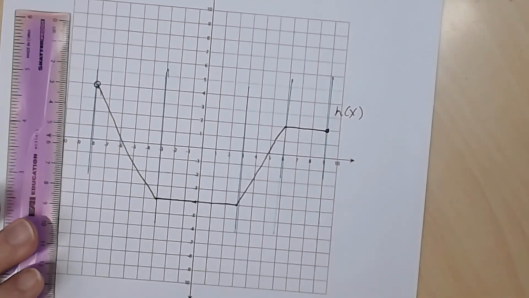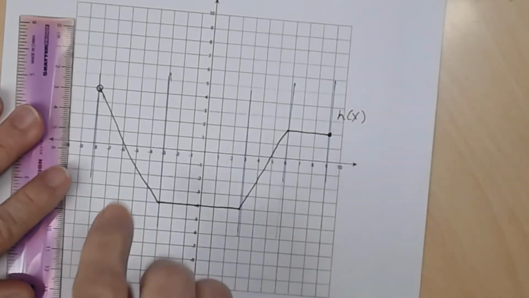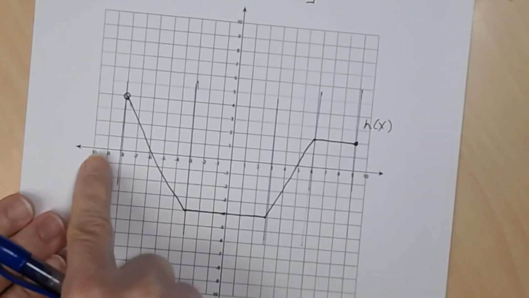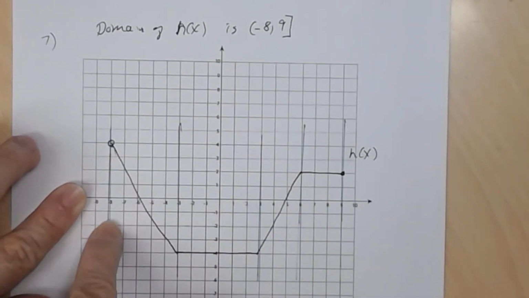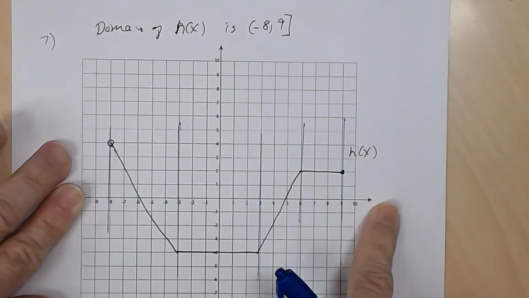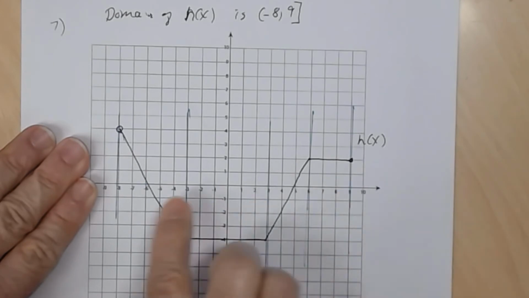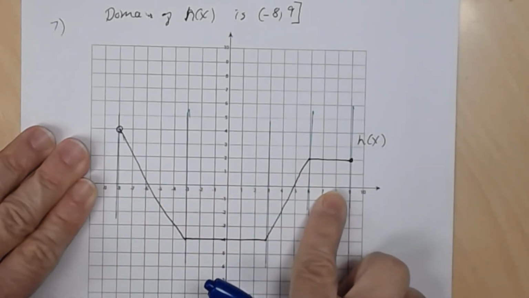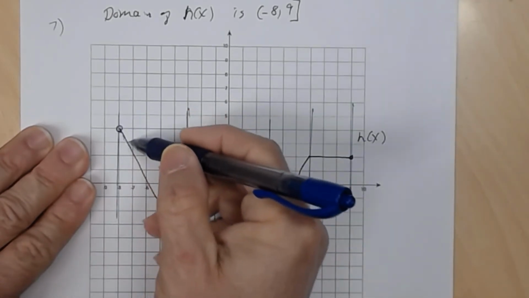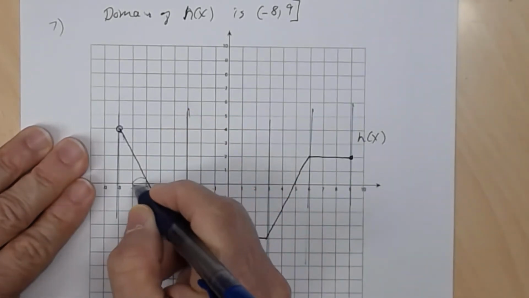All right, so I want you to start writing out what you know now. So notice that this is not in my domain. You don't see it, right? It's only from here to here, and this is not in your domain. So how many intervals do you see? 1, 2, 3, 4. So in this interval, what happened to your y values? They decrease.